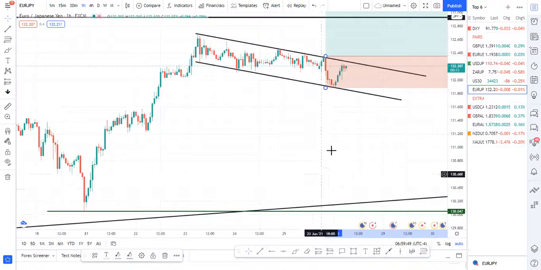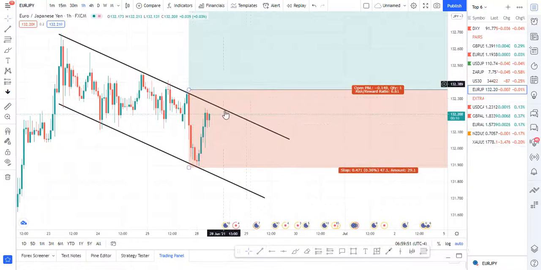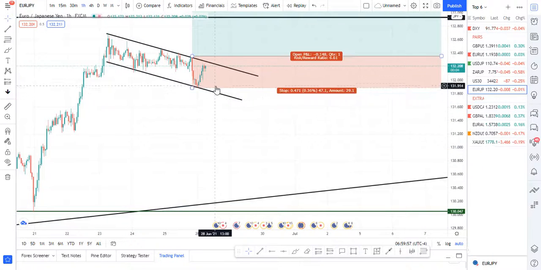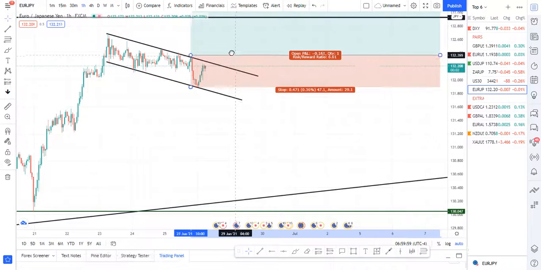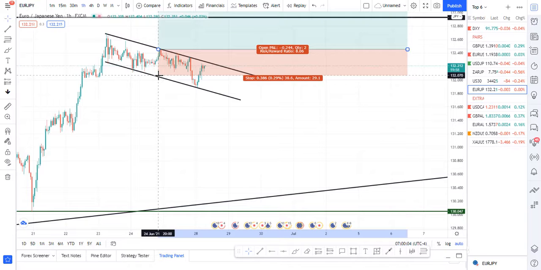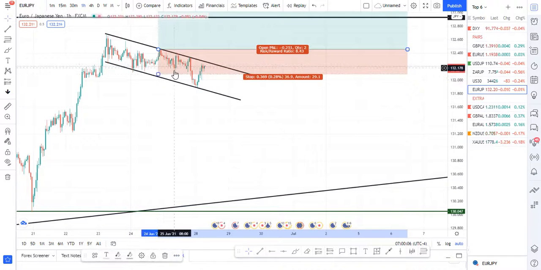So you see, when I go to the 1 hour, it becomes obvious why I put my trade like this. You understand? But I might modify it. So what I could do is I could take it, enter here, and after entering here, use 38 and use this as my level, because now it has broken out and it's only going to retest here, and I'll still be in profits, and it will go to the upside.